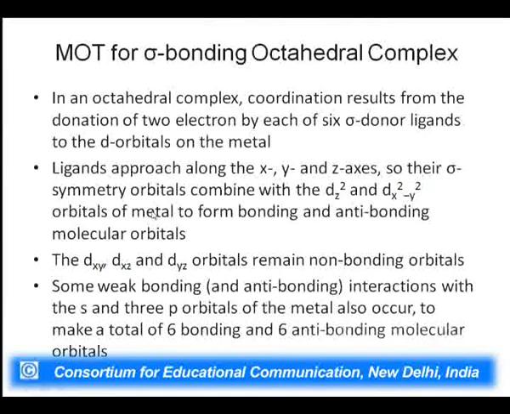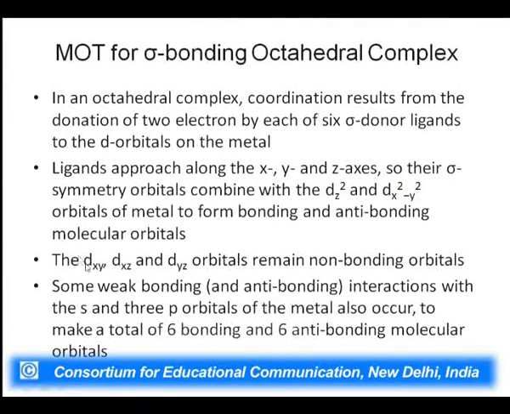So, the ligand approaching along the x, y, z axes forms sigma orbitals combined with only 2 of the d orbitals. Bonding and anti-bonding molecular orbitals are to result out of these 2.